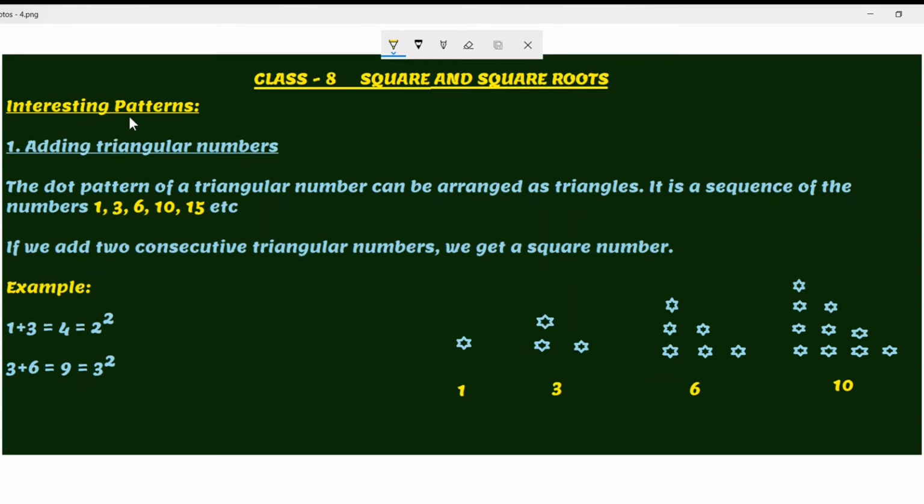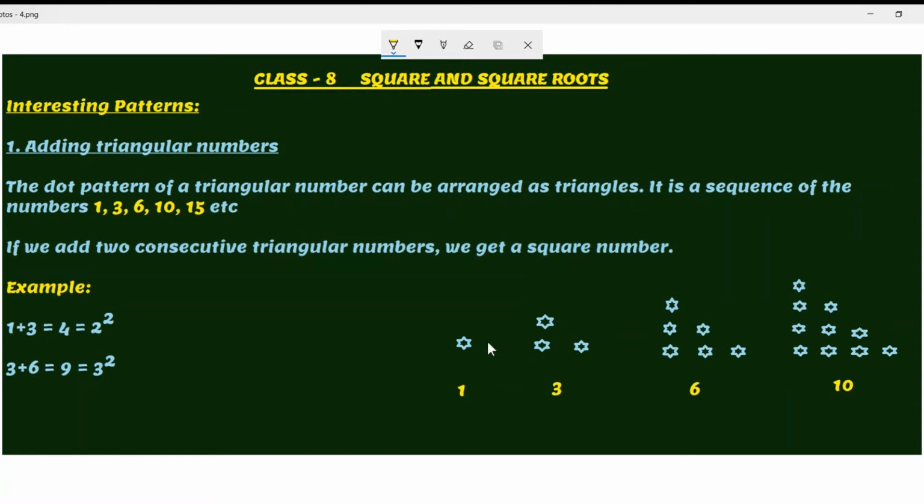Now we are going to see some interesting patterns in squares and square roots. If we add any two consecutive triangular numbers, we will get a square number. First, we will see what a triangular number is. A triangular number means the dot pattern of the number can be arranged as a triangle.